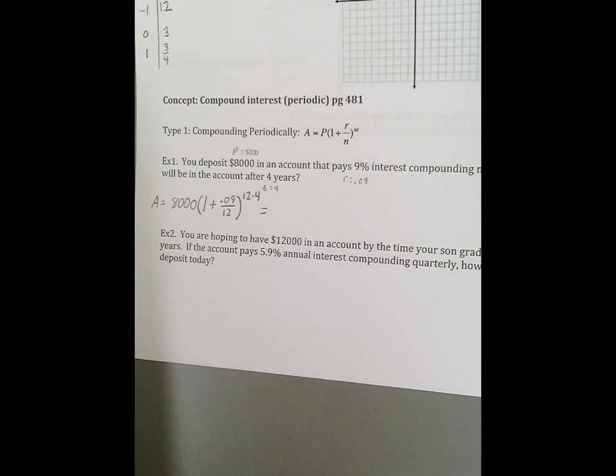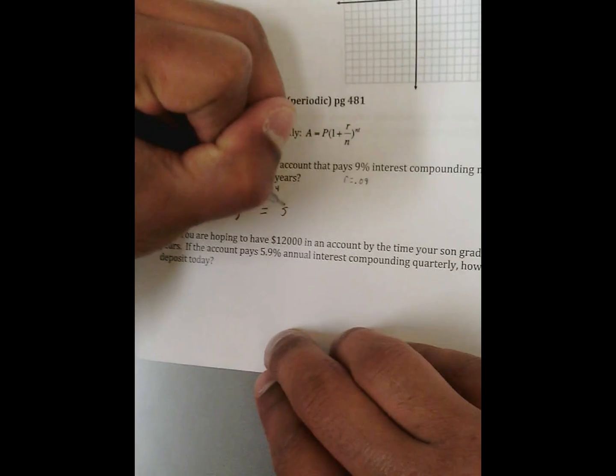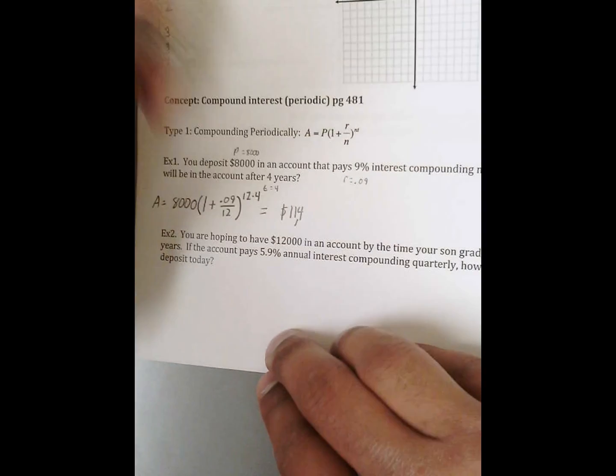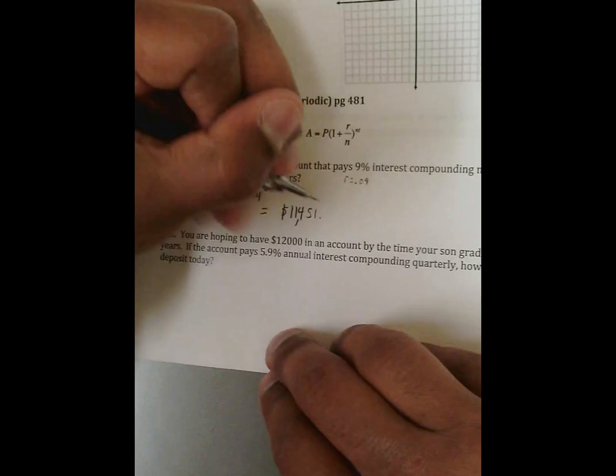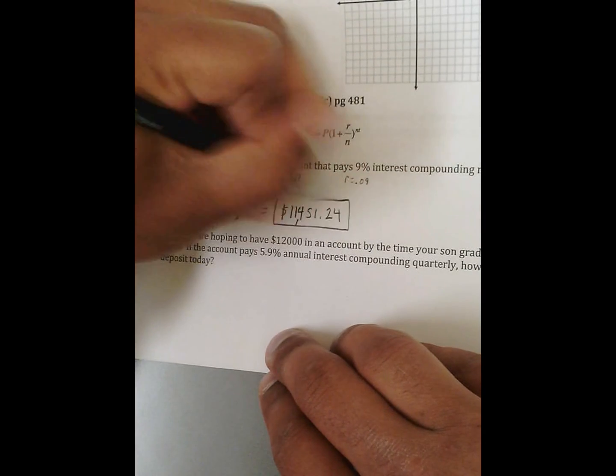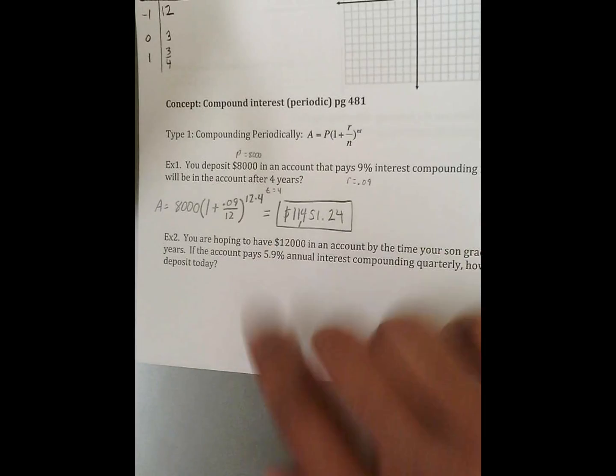And I get 8,000 times 1 plus 0.09 divided by 12, all raised to the 12 times 4 power. That's $11,451.24. Make sure you write your units, so make sure you write that dollar sign.